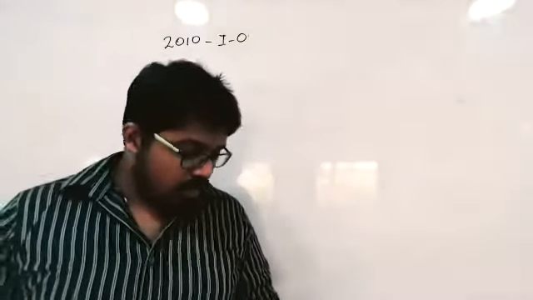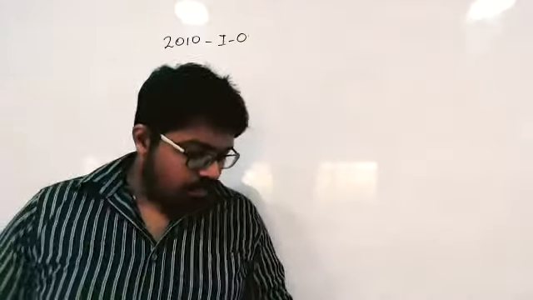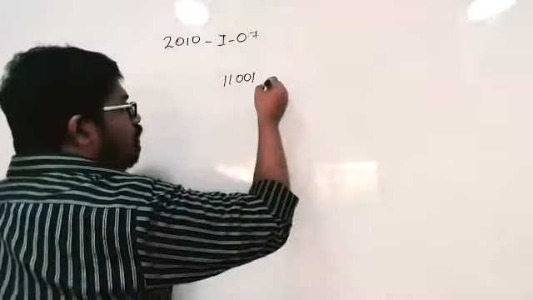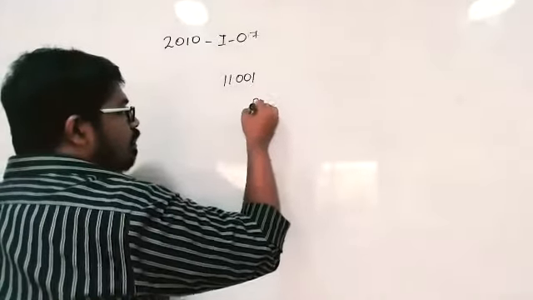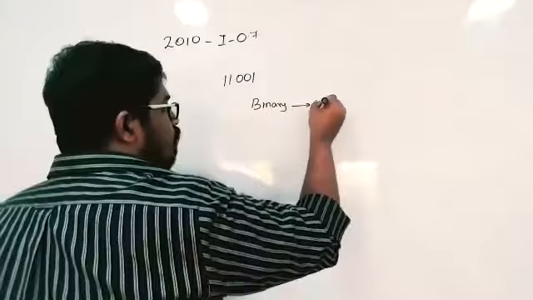Question number 7: the octal equivalent of binary number 11001. So 11001 is the given binary. They ask for the octal equivalent. So binary to octal conversion.